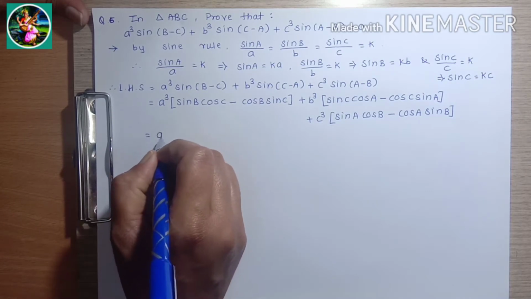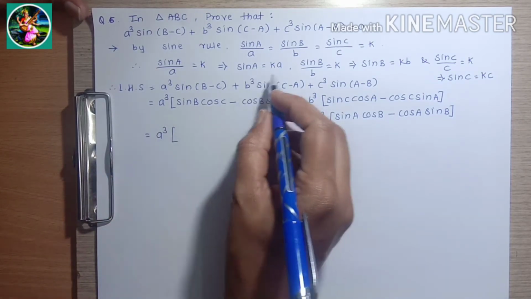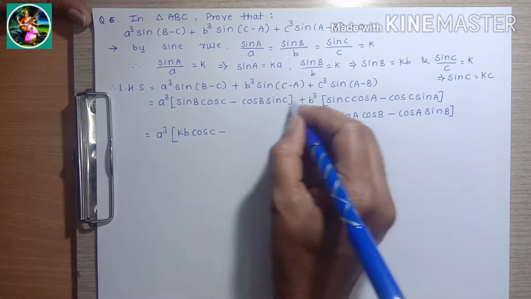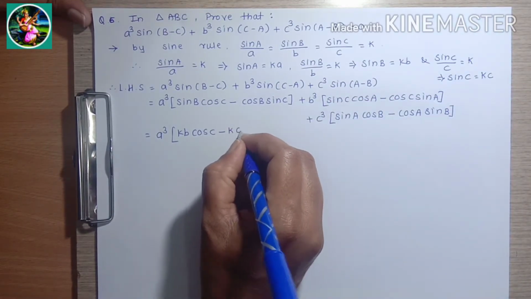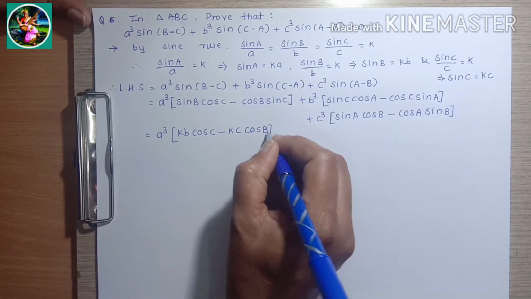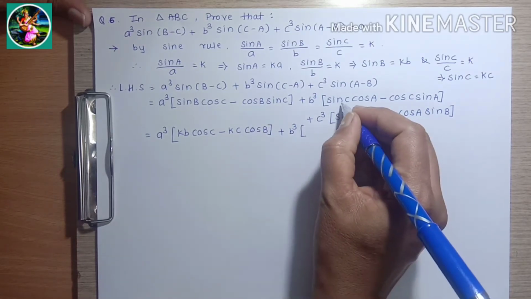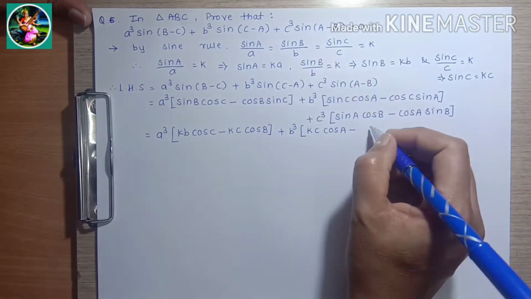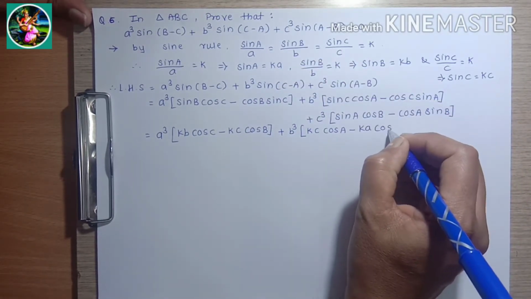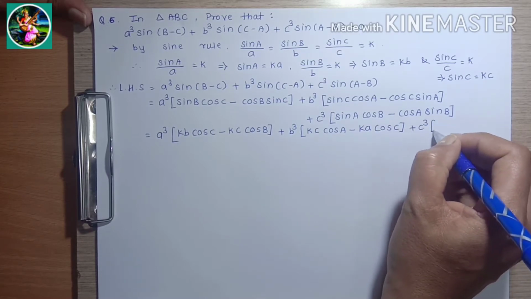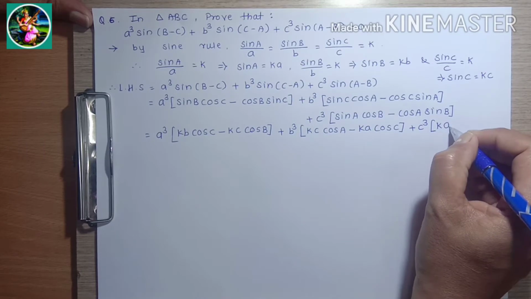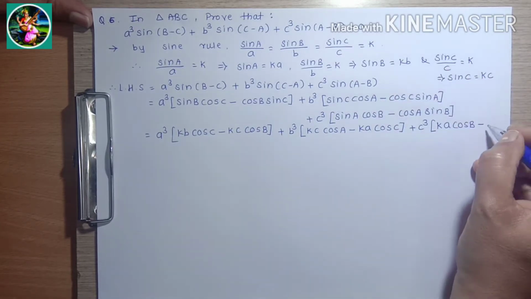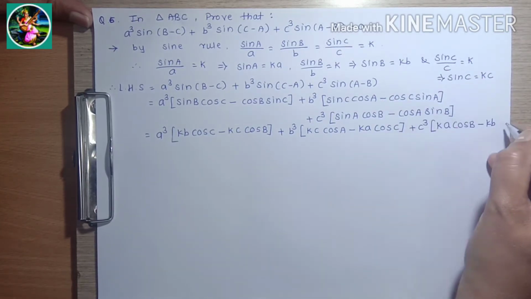Therefore, we get a cube into bracket, sin b is kb, so kb cos c, minus sin c is kc, so kc cos b, plus b cube into bracket, sin c is kc, so kc cos a minus sin a is ka, ka cos c, plus c cube into bracket, sin a is ka, so ka cos b minus sin b, the value of sin b is kb, so kb cos a.